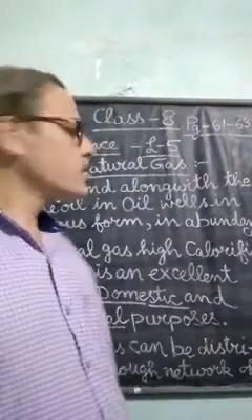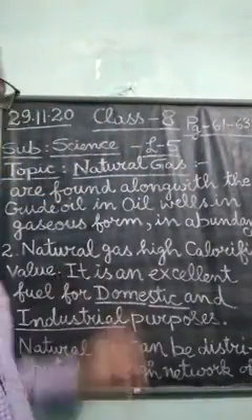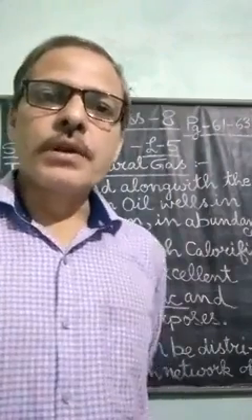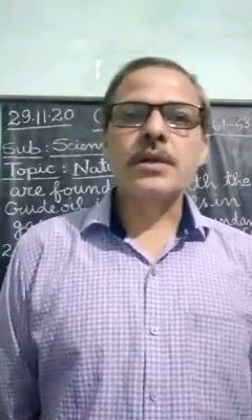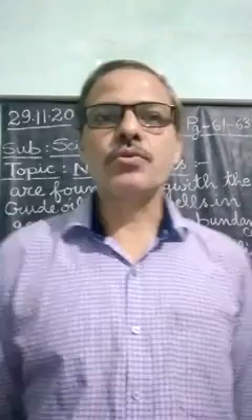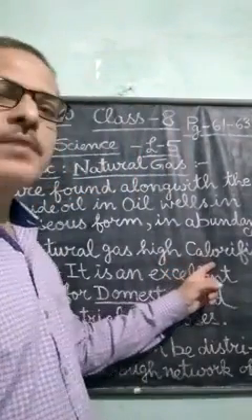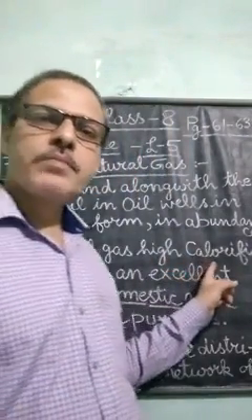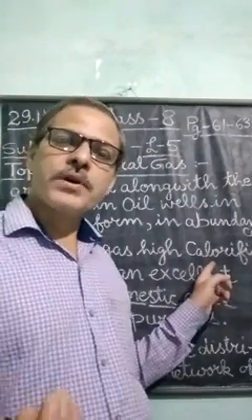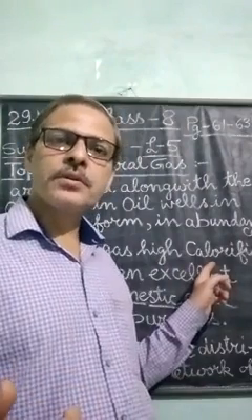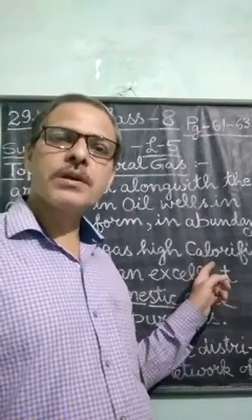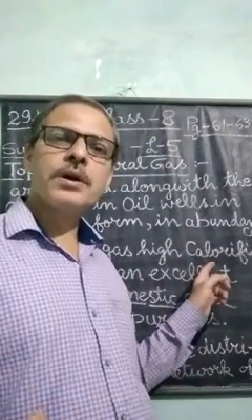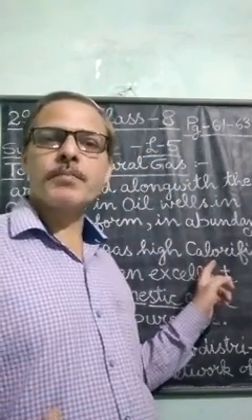Now this natural gas has very high calorific value. If you remember in lesson number 6, combustion and flame, I have explained how you will define the term calorific value. So what does calorific value mean? Calorific value can be defined as the amount of heat which is released when 1 kilogram of a fuel undergoes the process of combustion.